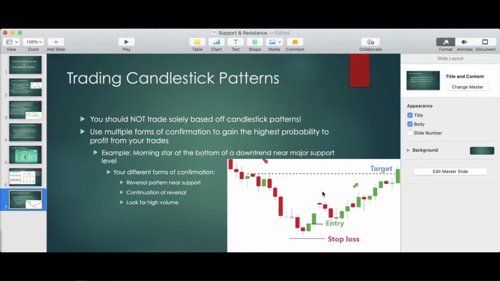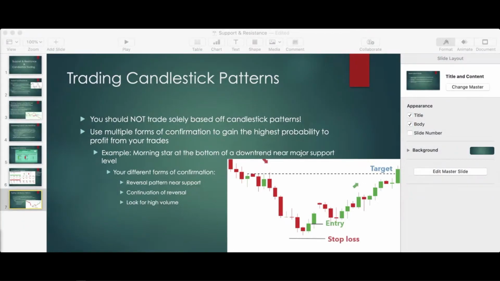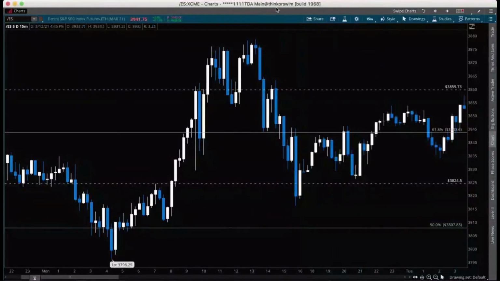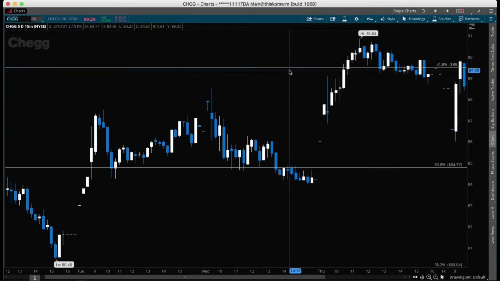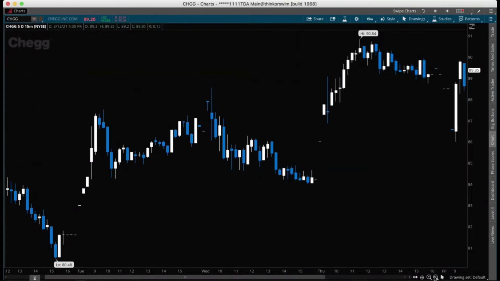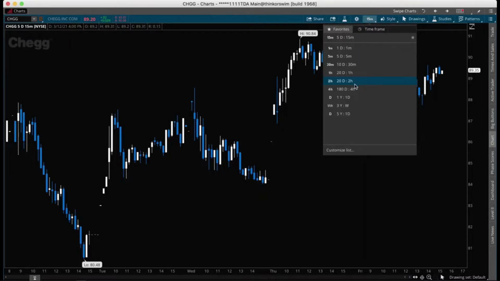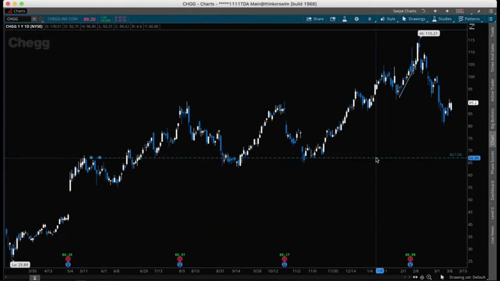Okay, so I'm going to show you guys a few examples of how I draw my support and resistance levels. Can you guys see my chart now? Yes. Okay, so here I have a chart that I have not established any levels for.